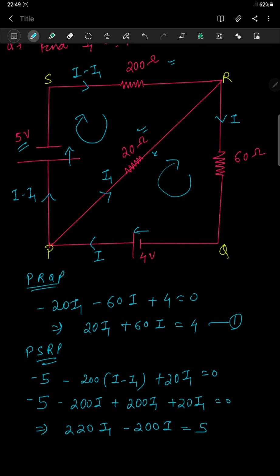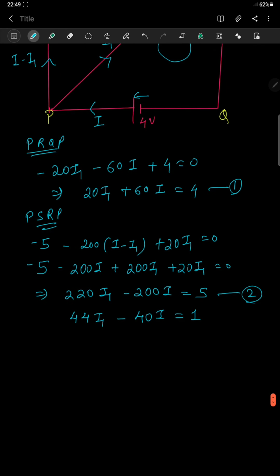Okay, so this is what I will get. Let me give it as equation number 2. If I divide it further by 5, this can be simplified to 44 I1 minus 40 I equals 1. Okay. So now I have to solve this.